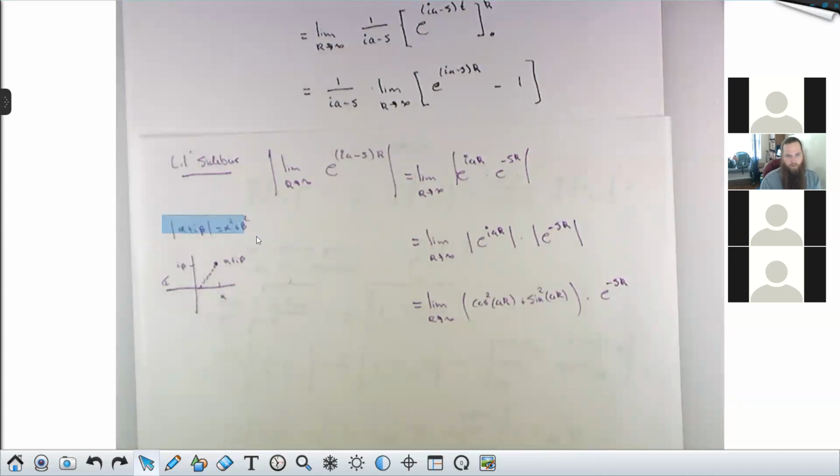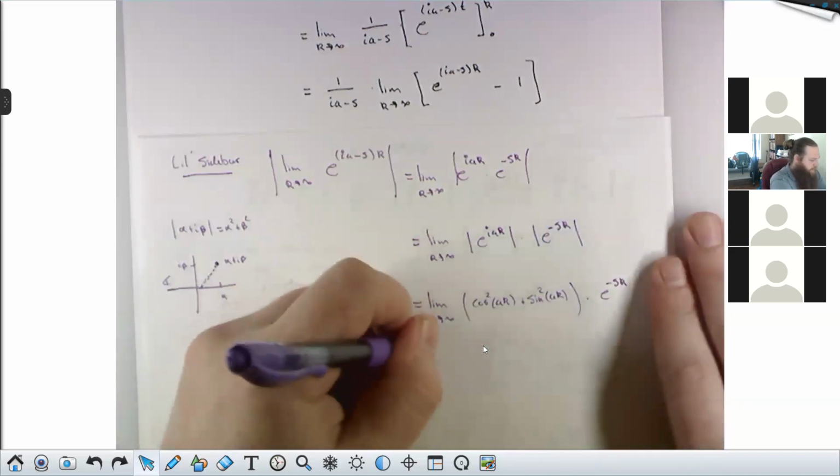So remember, the absolute value of a complex number alpha plus i beta is the square root of alpha squared plus beta squared. E to the iar is cos ar plus i sine ar, so its absolute value is the square root of cos squared ar plus sine squared ar, alpha squared plus beta squared. And then the absolute value of a positive real number is that positive real number. Cos squared plus sine squared is 1.